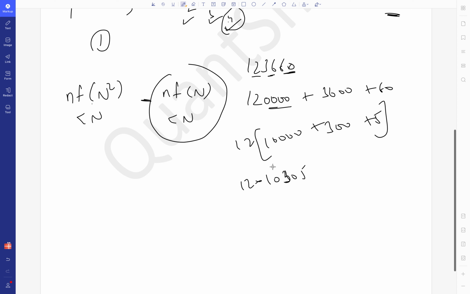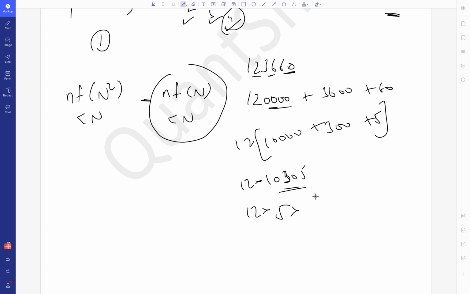Okay. So 12 multiplied by, divide this by 5 because this is divisible by 5. This is 10305. Oh, I think I made a mistake here.